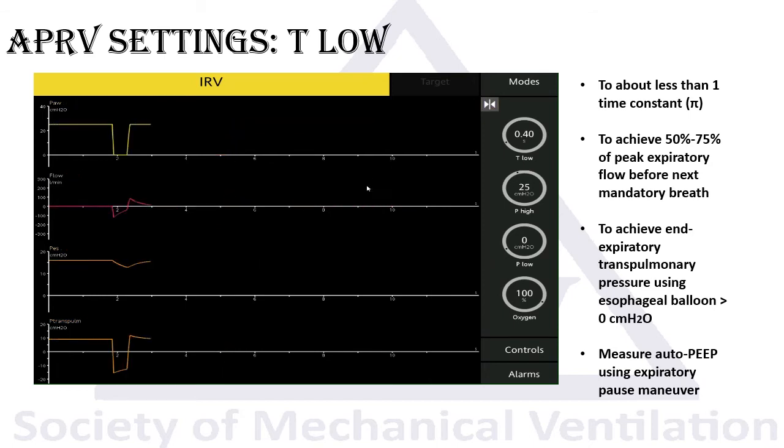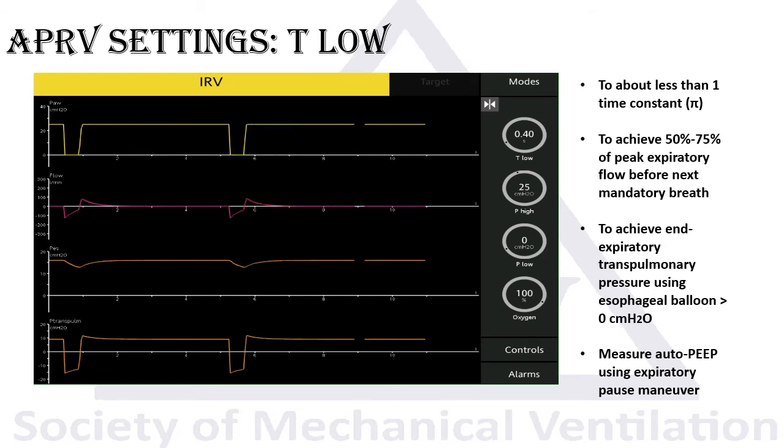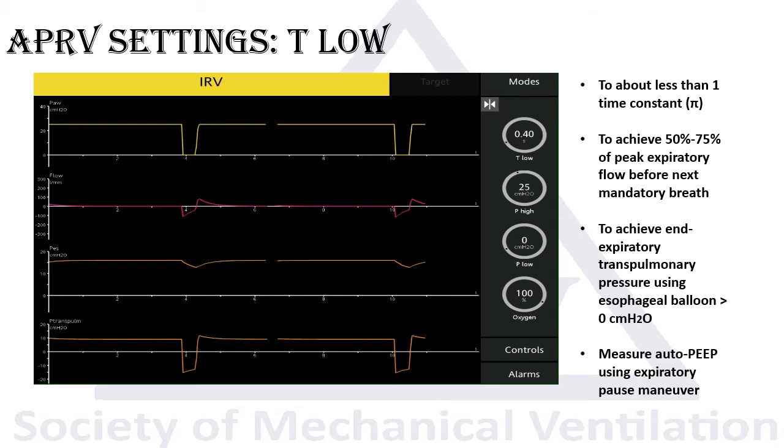One study we published in a small number of patients used the esophageal balloon manometer and the transpulmonary pressure to try to exactly measure how much auto PEEP is there. If we created the pressure volume curve that we did before, and we saw that the low inflection point is about 10 or 12, you try to create auto PEEP around that point.